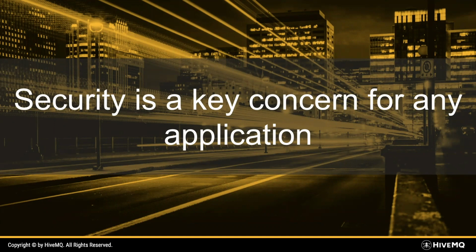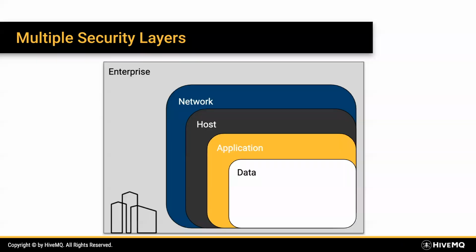Thank you, Magi, for this great introduction. And again, welcome from me to our webinar about security. So what is the first thing you have to keep in mind if you think about security? The first thing you have to keep in mind is that you have to keep everything in mind. Security is not a simple feature you can implement, but security must be looked at in a holistic way.